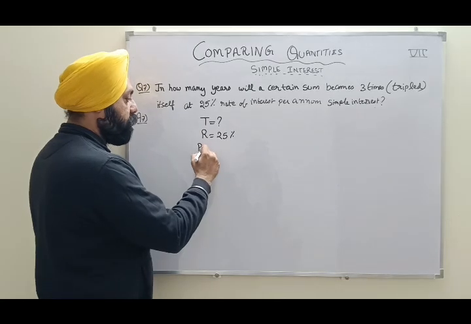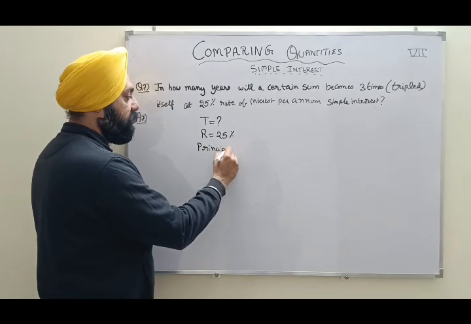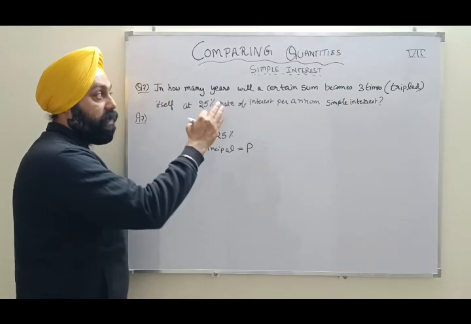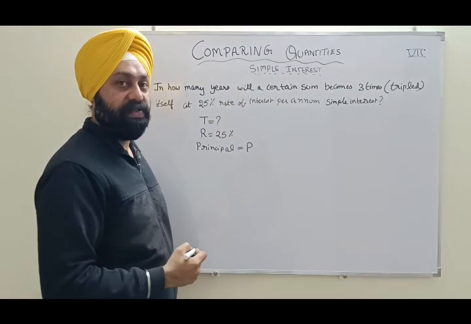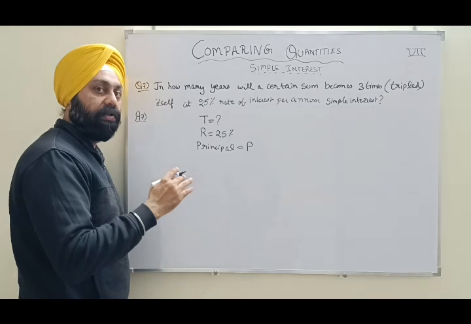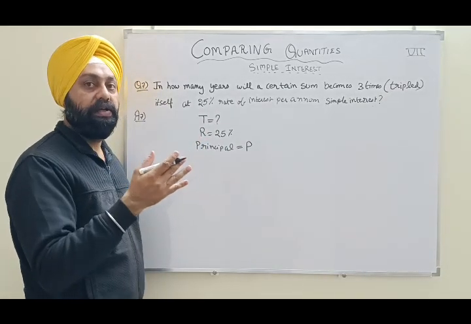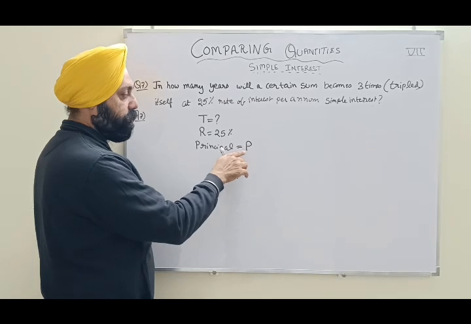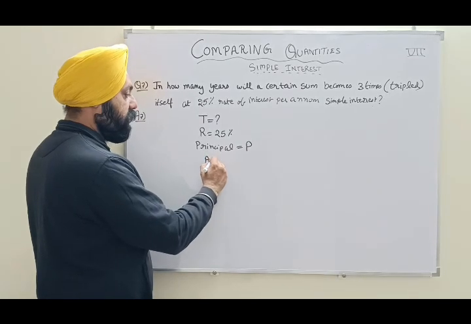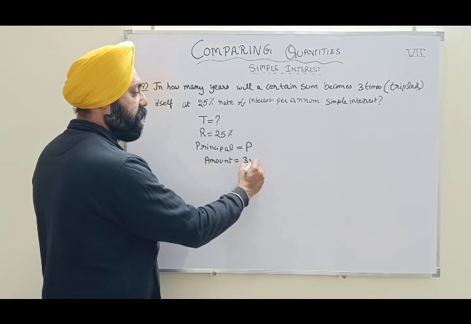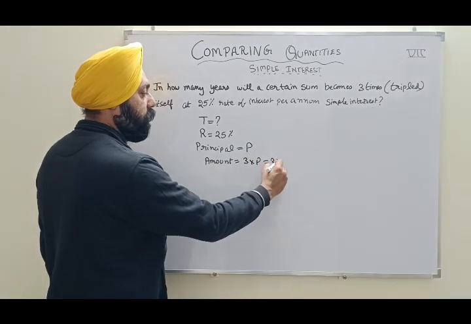In the previous question, I took the principal as P, and now the sum becomes 3 times itself. 3 times means, suppose it is 100, it has become 3 into 100, that is 300. Similarly, if the principal is P, the amount here will be 3 times the principal, that is 3P.